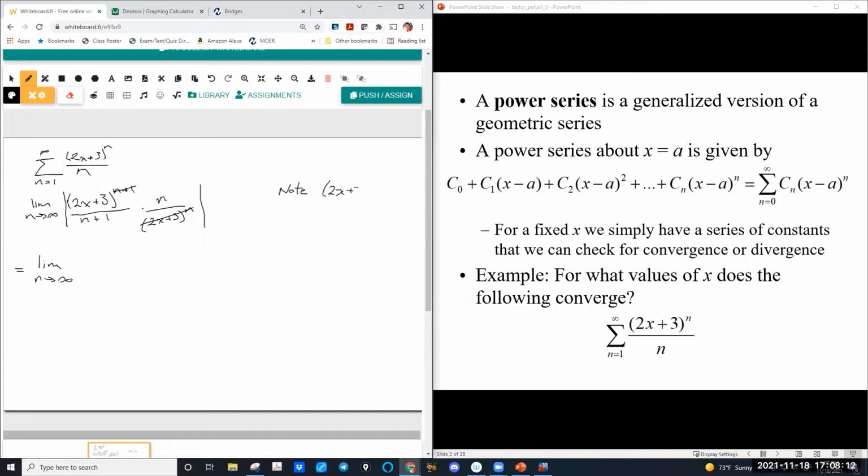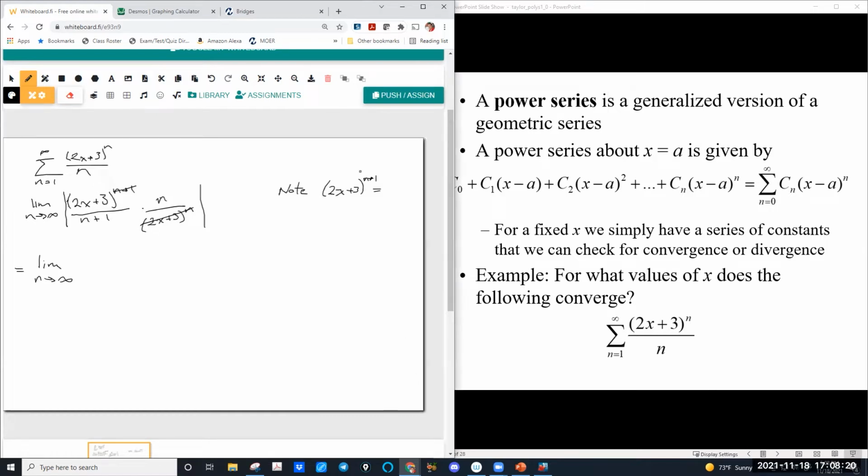So (2x + 3)^(n+1) is equal to (2x + 3)^n times (2x + 3), okay? Just the property of exponents. So there's our cancel. Nothing we can really cancel out here.